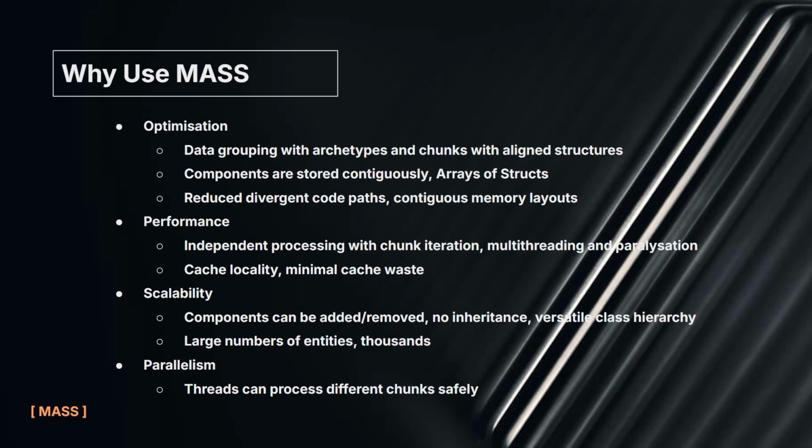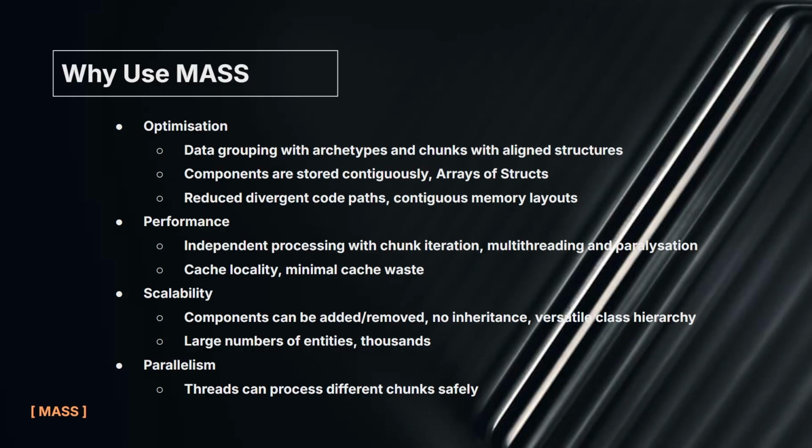It achieves that through the structure of the data, which allows a lot more to be stored in the cache locally and minimizes cache waste to almost zero. If you don't know how cache works, I'll cover that in a minute, but essentially that speeds up your processing dramatically.